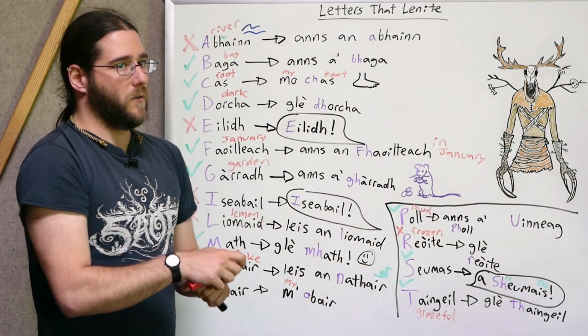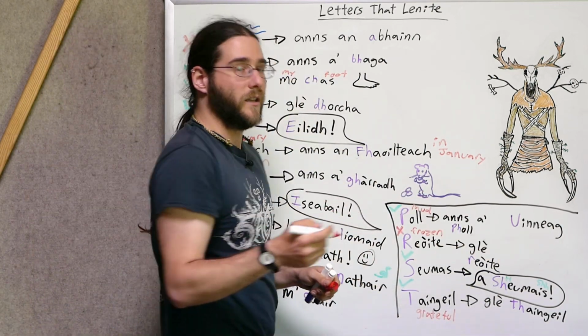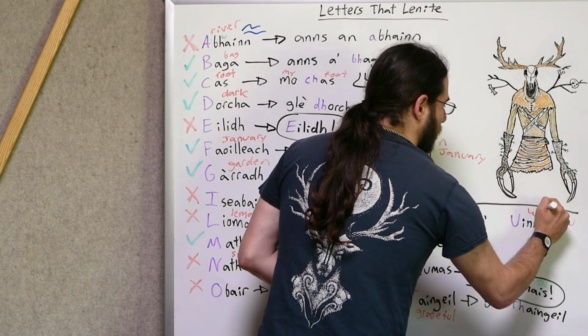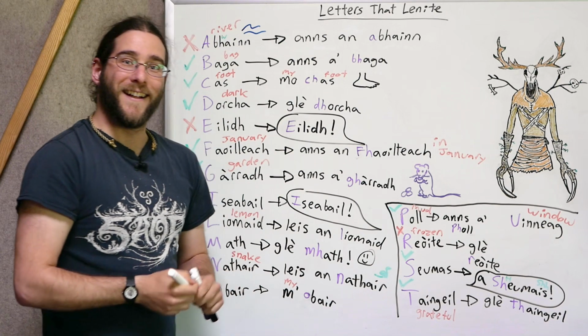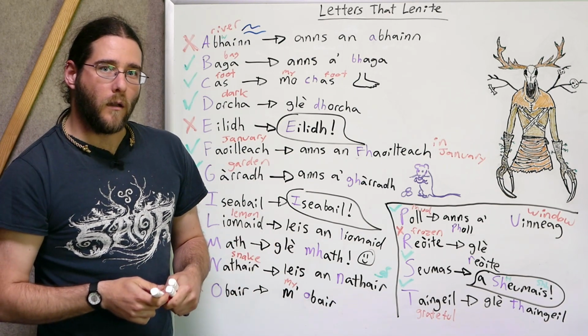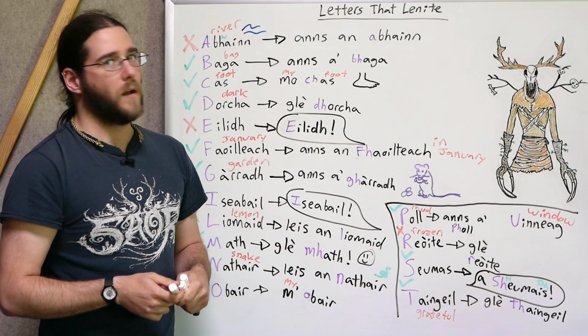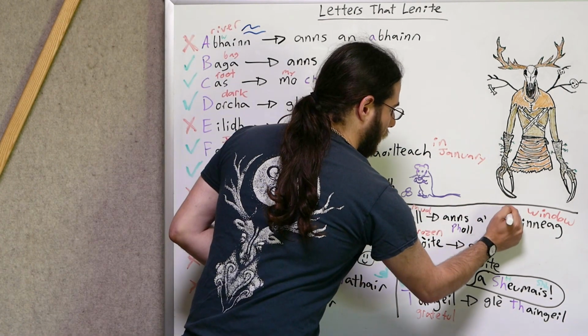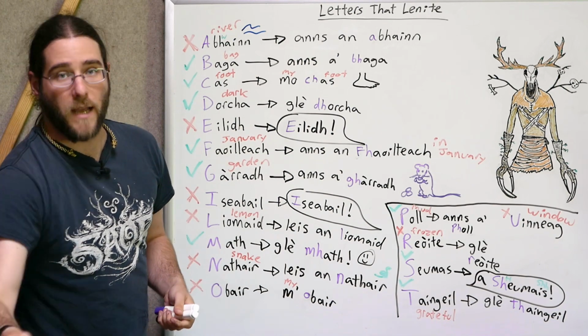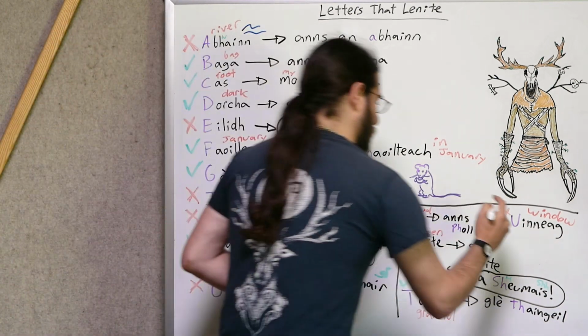And then unyak, our last one here, unyak. You've definitely seen one of these today. You might be sitting near one. It's a window. Yeah. Okay. Does U Lenite? U is a vowel. Vowels don't Lenite. Nope. Unyak. So what's an example to help us remember it?